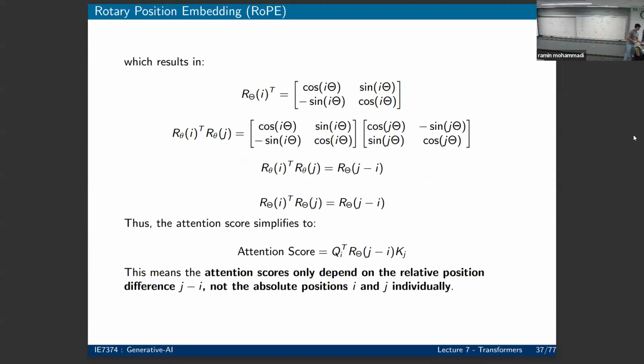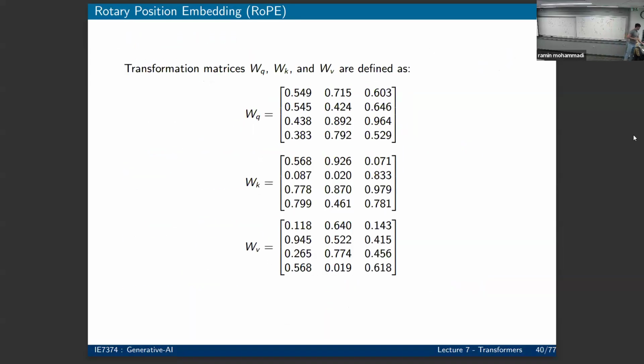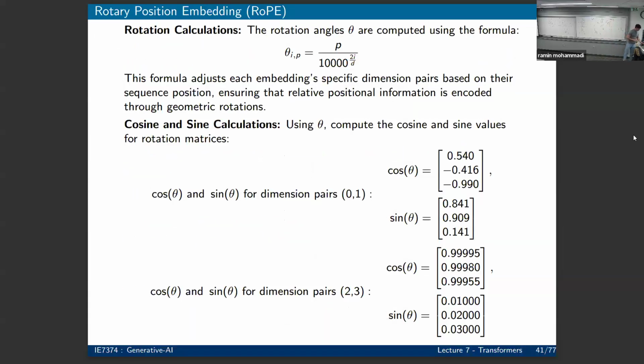So we have cosine of theta, minus sine of theta, sine of theta, cosine of theta, correct? That repeats. So what we want to do is calculate for every pair. Remember, it should be pairwise.